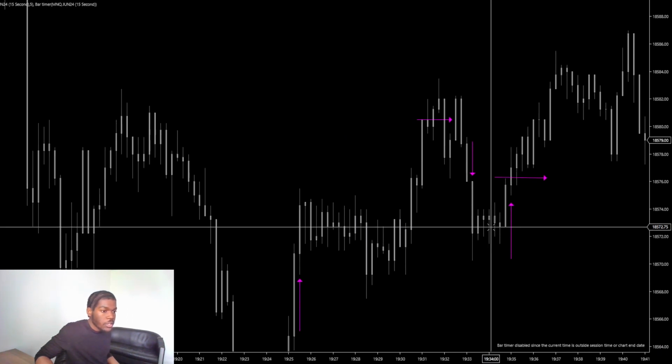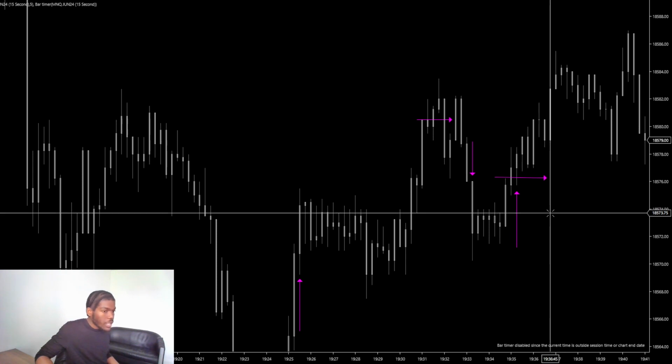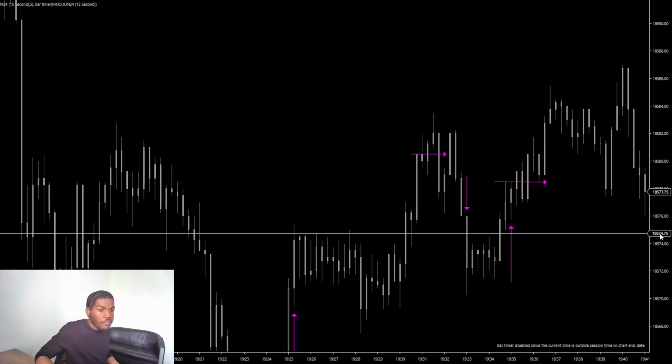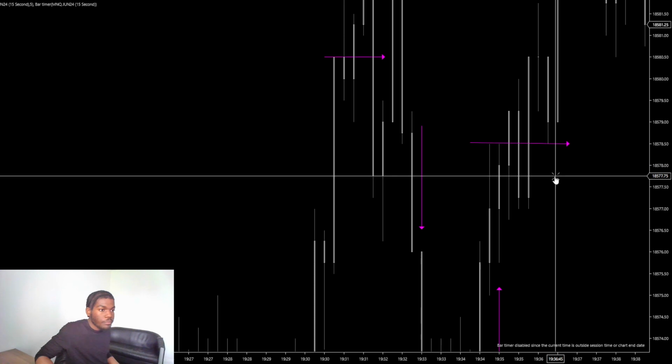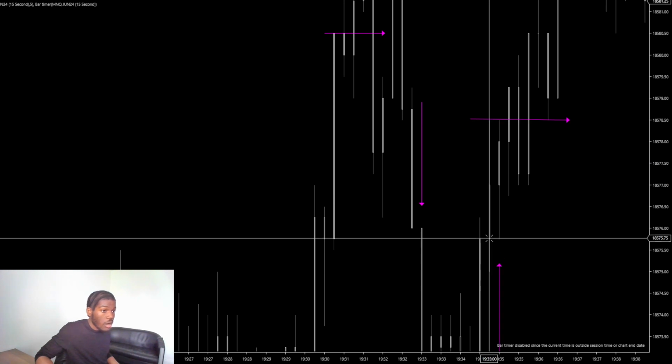We see another up candle, but is this up candle valid as the last up candle? No, it is not. Why? Because it did not move above the high of the last up candle.